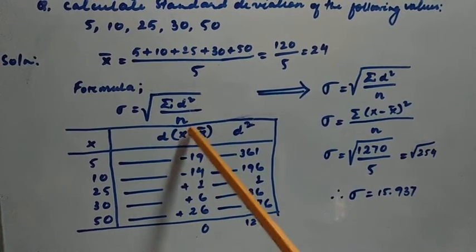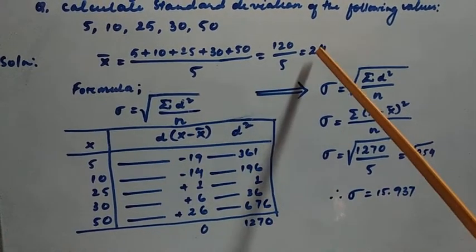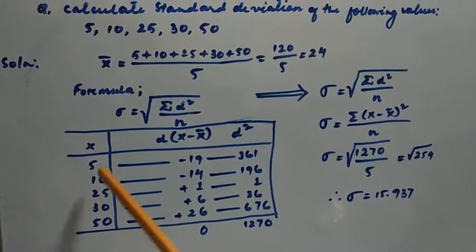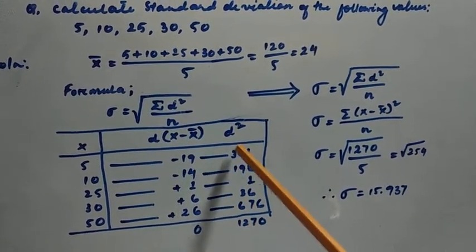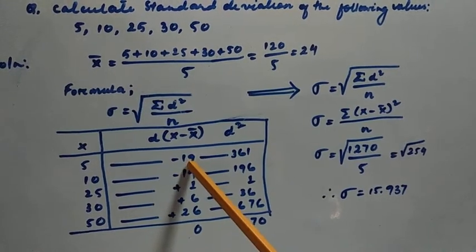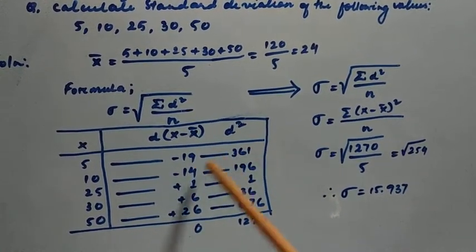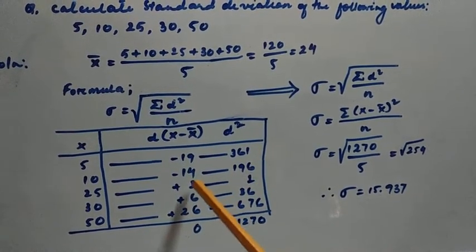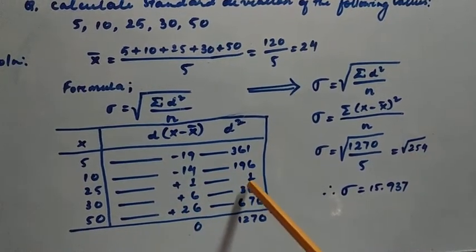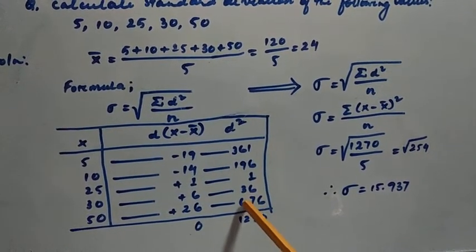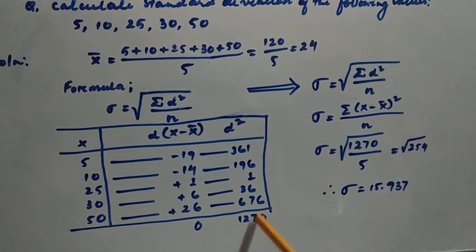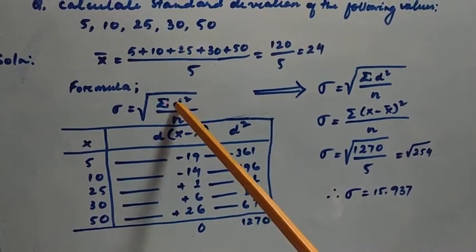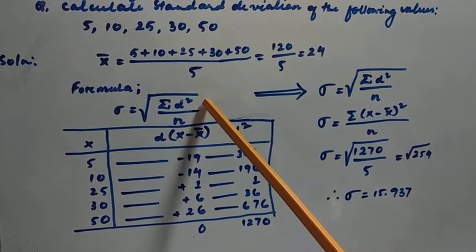So that is how we get the value of d. d is x minus x bar, where x bar is 24, and you subtract x bar from these values to get d. d square is obtained by squaring these. 19 square is 361. 14 square is 196. 1 square is 1. 6 square is 36. 26 square is 676. Now we have summation d square, that is 1270. Now you substitute the values.